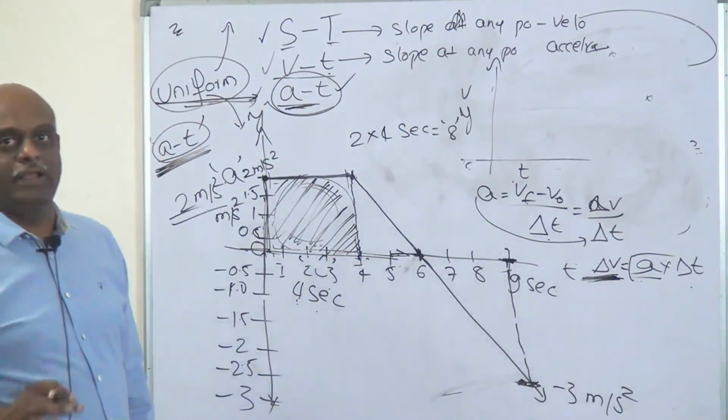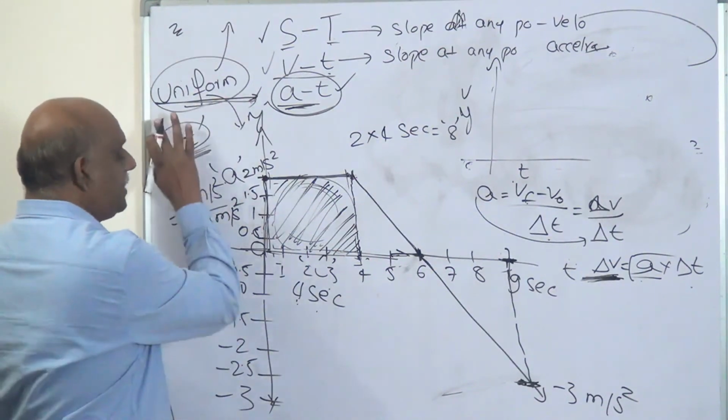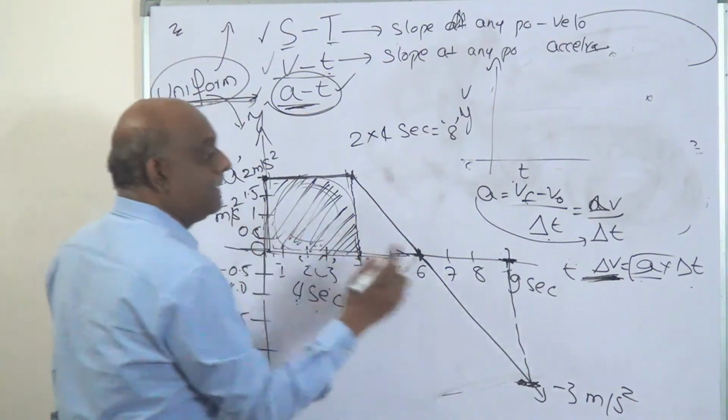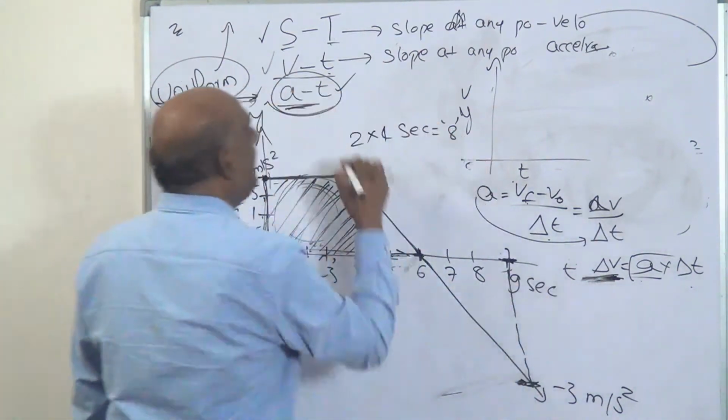So the whole purpose of the acceleration time graph is to find the change in the velocity.